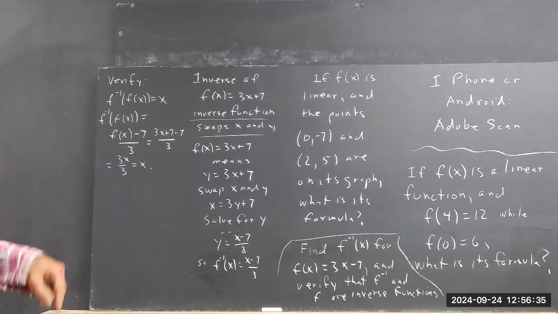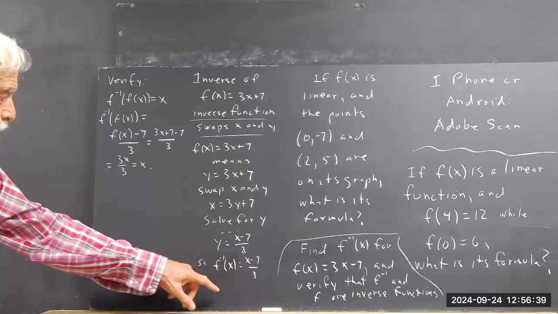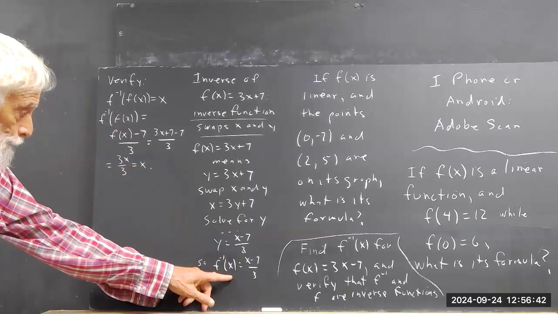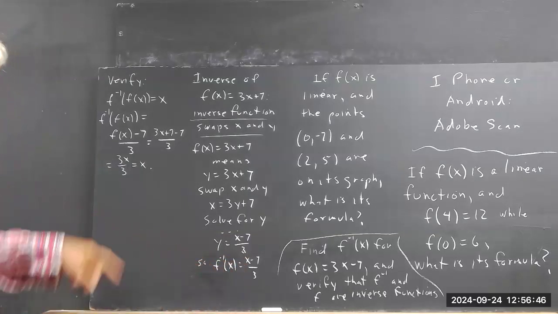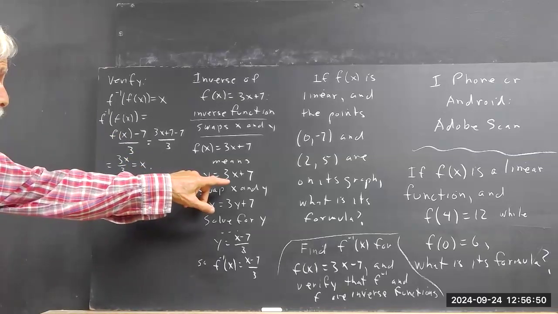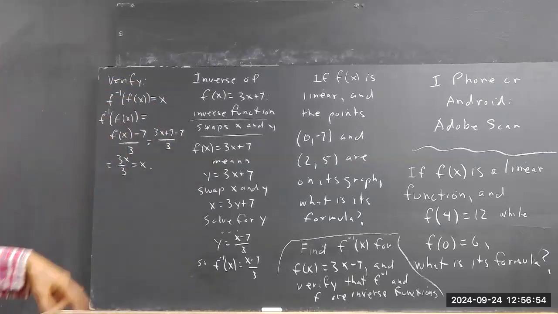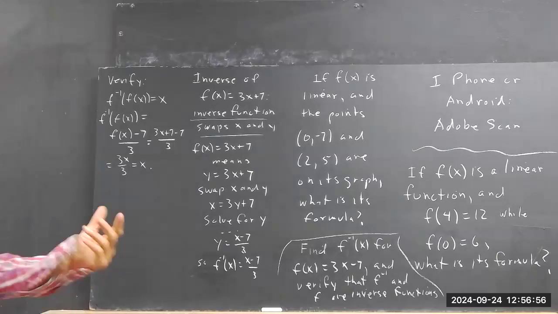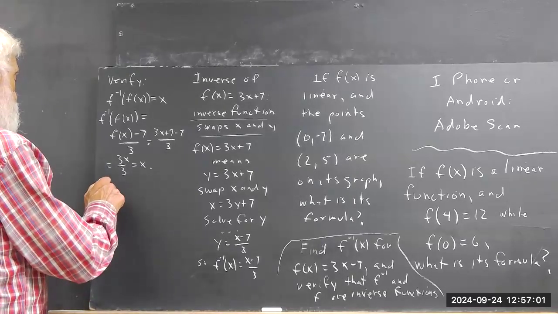That's it. It's just substitution. f inverse of x is x minus 7 over 3. So in f inverse of f of x, x has been replaced by f of x. That becomes f of x minus 7 over 3. There we have it. Then we take the formula for f of x, 3x plus 7, replace f of x by its formula, do the arithmetic, fill in the algebra, and you get x.